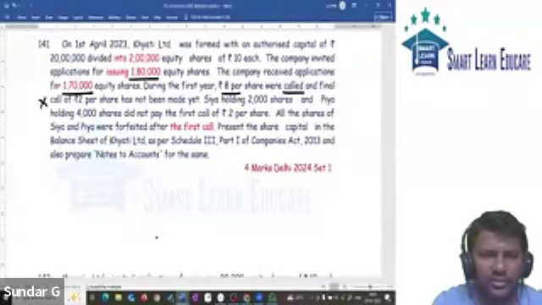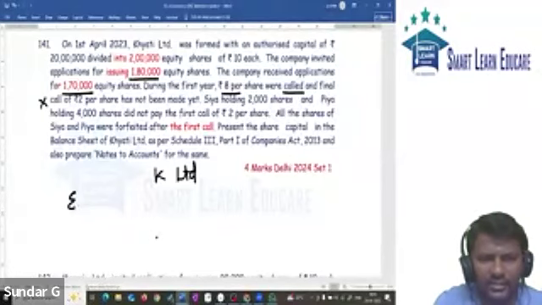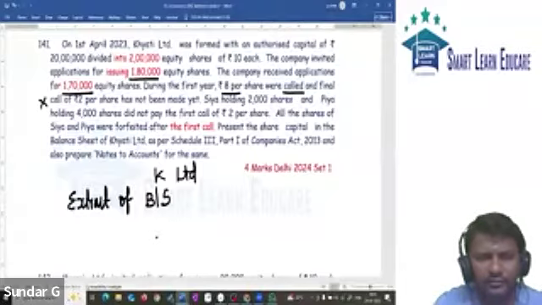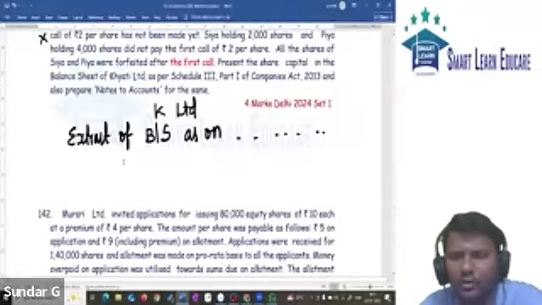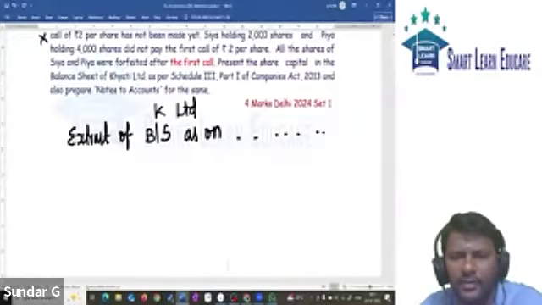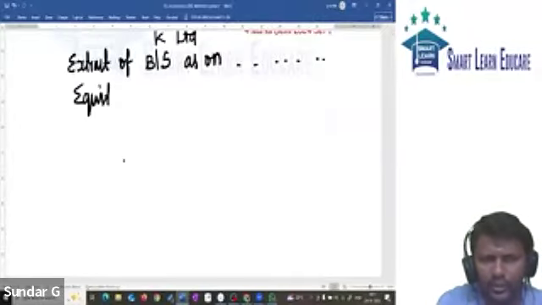So let us solve the question. First, in the heading you should write K Limited, extract of balance sheet as on. First major heading: equity and liabilities.